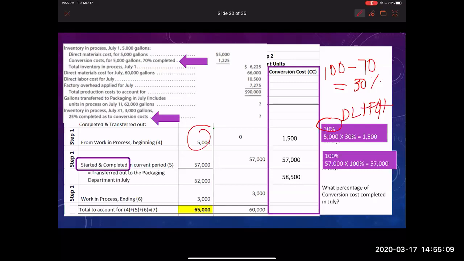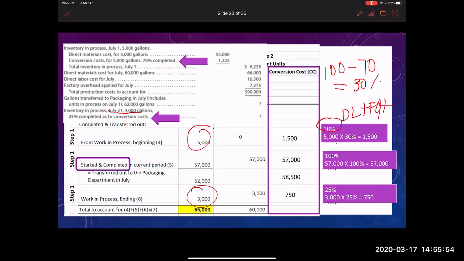It says 25% was completed as to conversion costs, meaning 75% of conversion costs will be applied in the following period, which is August. We only want to account for what happened this period. So we take 3,000 gallons times 25%, and that gives us 750.